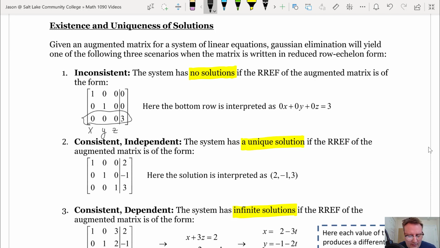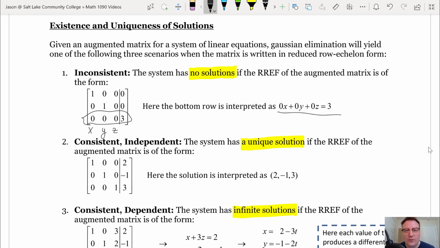So what that row that I circled corresponds to is this equation: 0 times x plus 0 times y plus 0 times z equals 3. But if you just look at that equation, you'll see it has no solution, because no matter what you put in for x and y and z, when you calculate the result on the left-hand side, you're going to get 0.